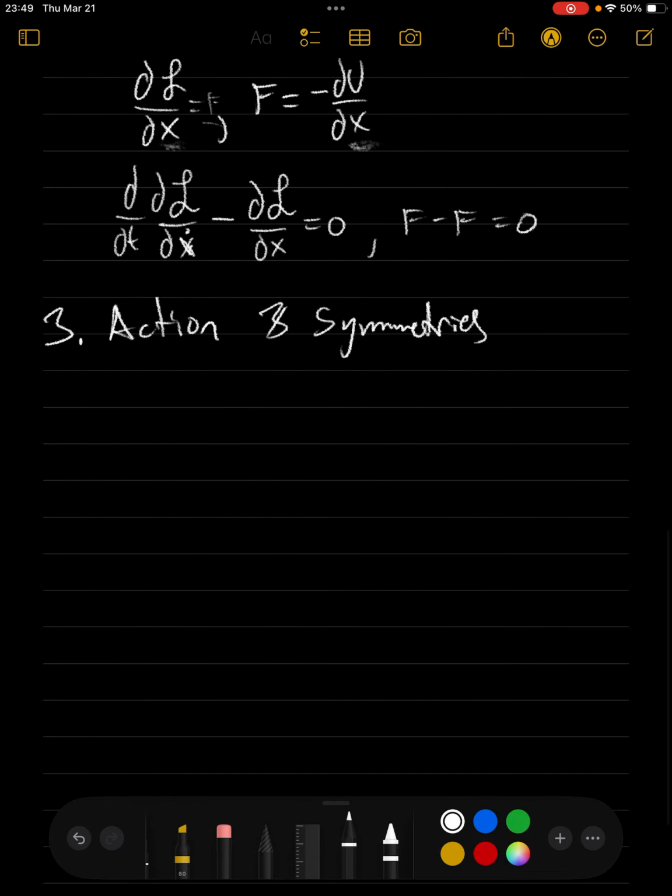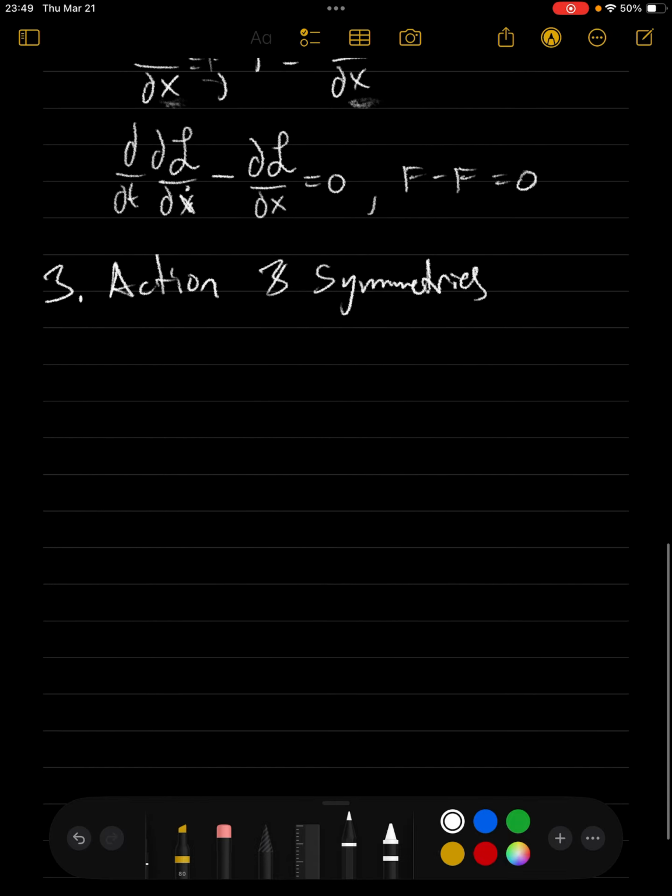So, action symmetry. Just to cite what this is related to: it's related to this thing known as S, which is the action.